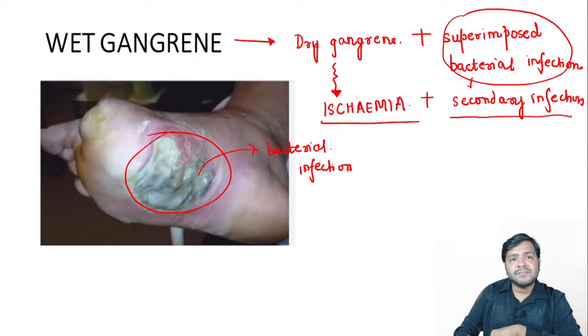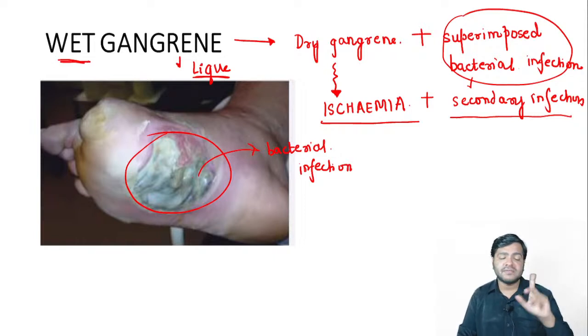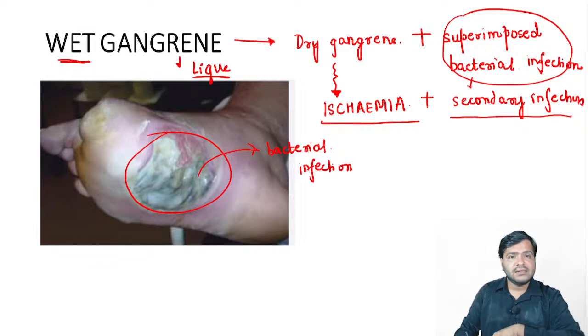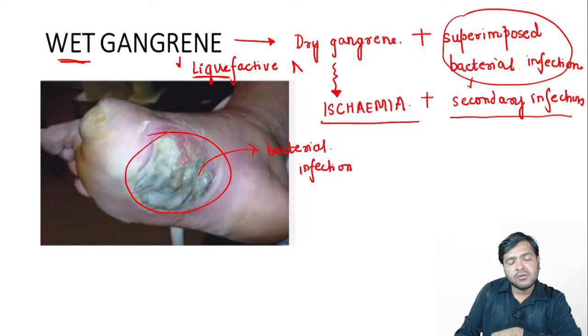Wet gangrene is basically a type which is seen in liquefactive necrosis. Liquefactive, liquid and wet terms coincide, so because of this you will remember.